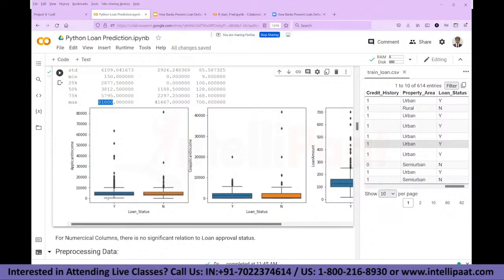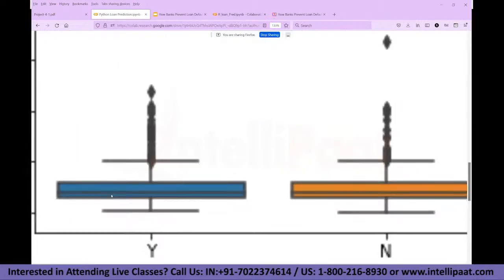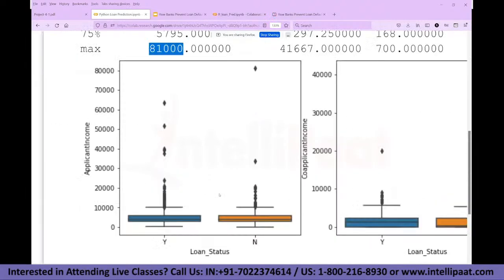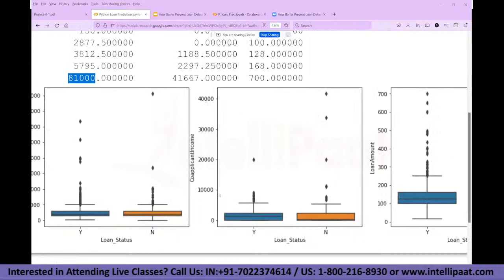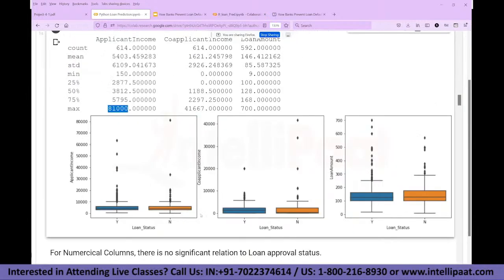The lower line that you see is the 25th percentile, the upper line is the 75th percentile, and the line in the middle is basically your median, or 50th percentile. So you have minimum, 25th percentile, 50th percentile, 75th percentile, and maximum.